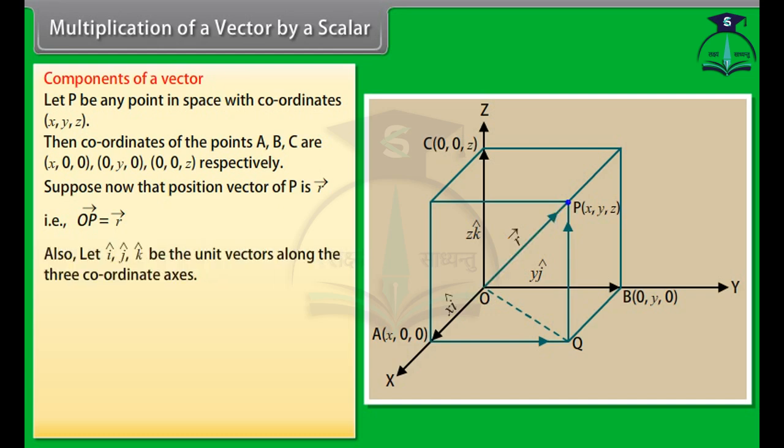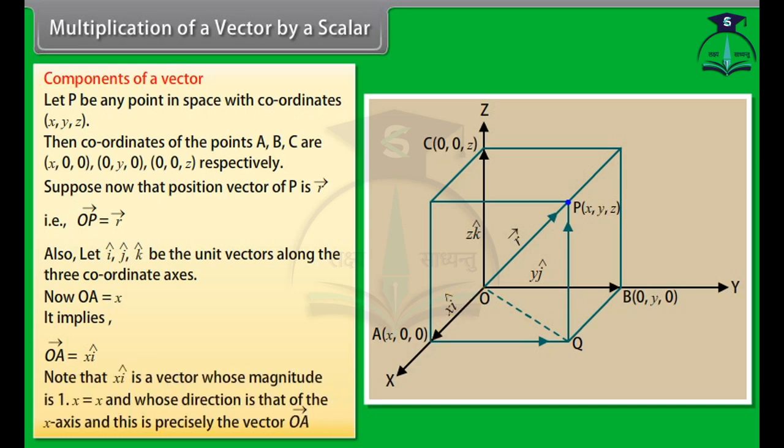Also, let cap i, cap j, cap k be the unit vectors along the three coordinate axes. Now OA equals x. It implies vector OA is equal to x cap i. Note that x cap i is a vector whose magnitude is 1 into x equals x and whose direction is that of the x-axis, and this is precisely the vector OA.